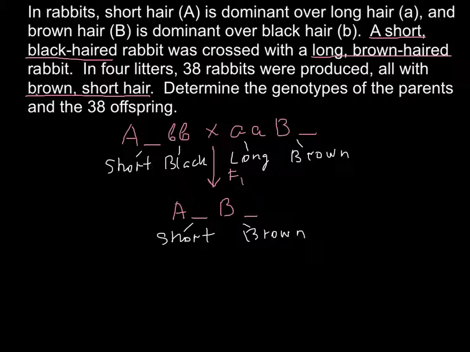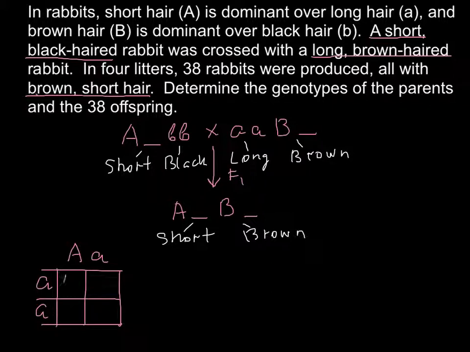So let's build a Punnett square. Parent 1 would be on the top, so capital A and small a here, and parent 2 would be on the side, small a here. If we make such a cross, as you see, we would have capital A small a here, capital A small a here, small a small a here, and small a small a here.